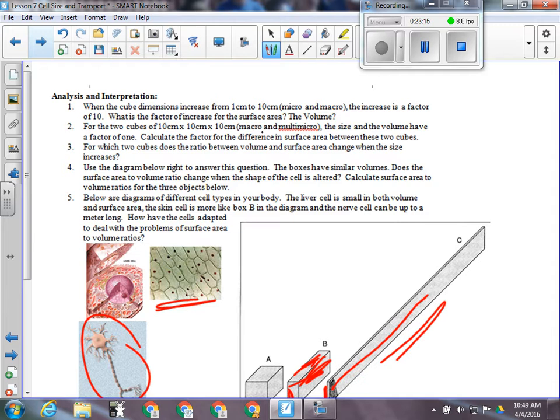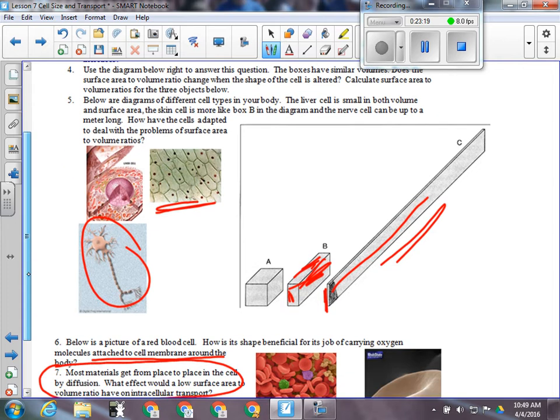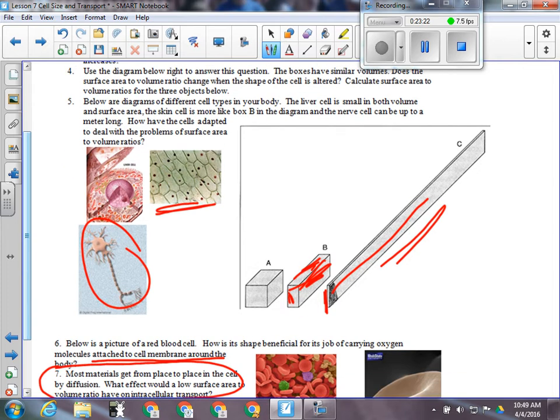For number 4, you're looking at this diagram right here with these different shapes. Number 4 is asking, does the shape of a cell influence its surface area to volume ratio? Does its shape affect that? So what we have to look at here are the dimensions of these cells. To calculate surface area and volume of these, you can't just go length times width times the number of sides, because only A is a cube.